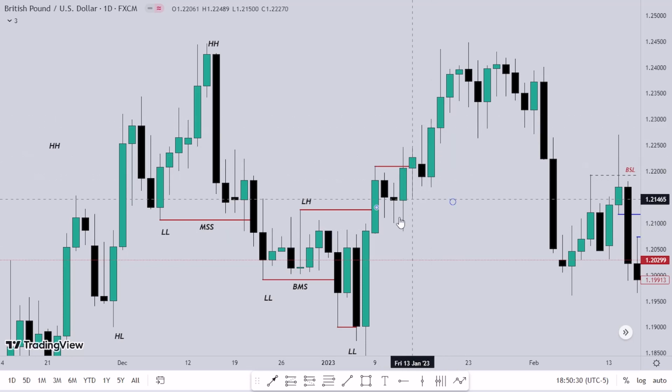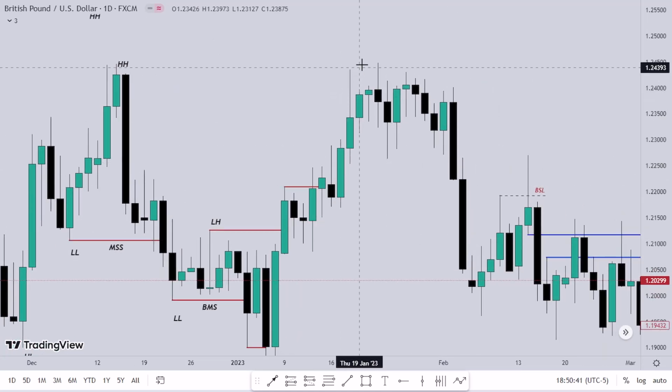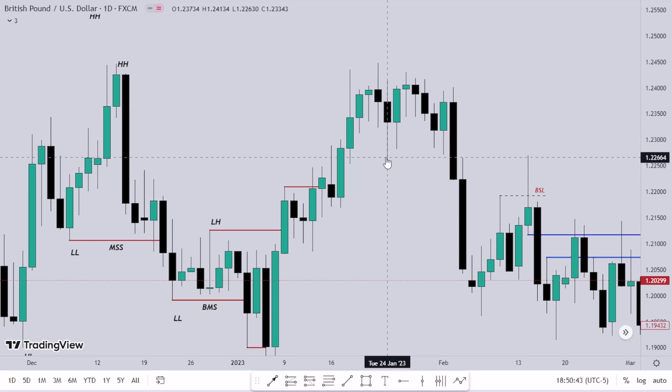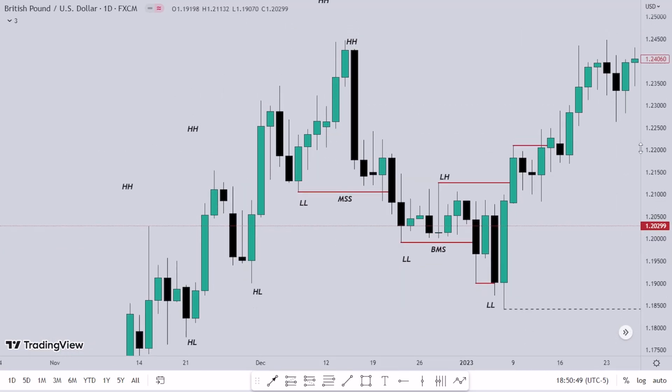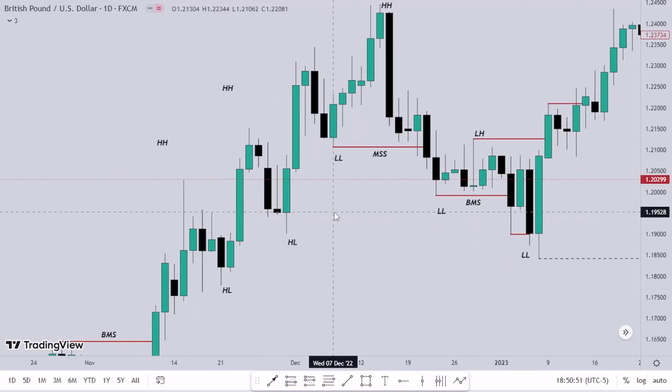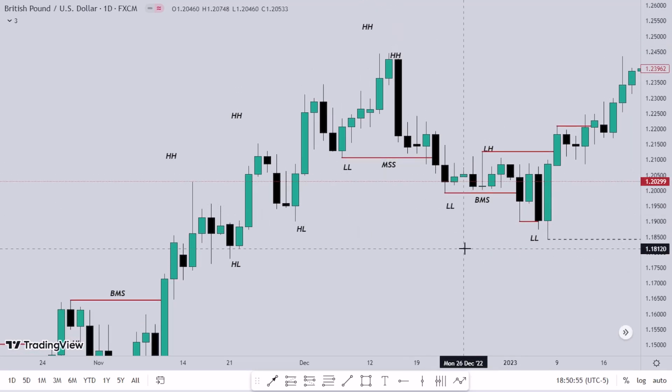When it pulls back into this range from this low to this high, as it pulls back, you buy, and that's your trade. And then you see that it went up and then it shifted bearish again. So the structure keeps changing. It's not always going to be in one direction. As I said, markets don't trend forever.